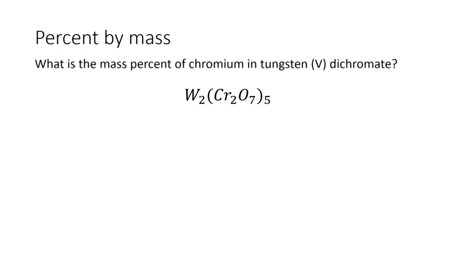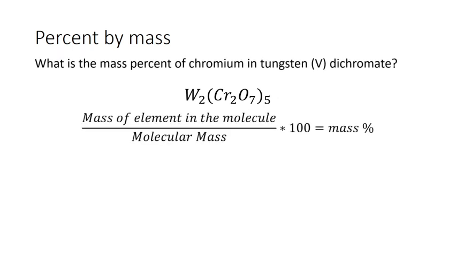To figure this out, we're essentially going to take the mass of that single element in the molecule divided by the entire molecular mass. We want the mass of chromium in here, which we have 10 chromiums. And we're going to divide that by the mass of the entire molecule.